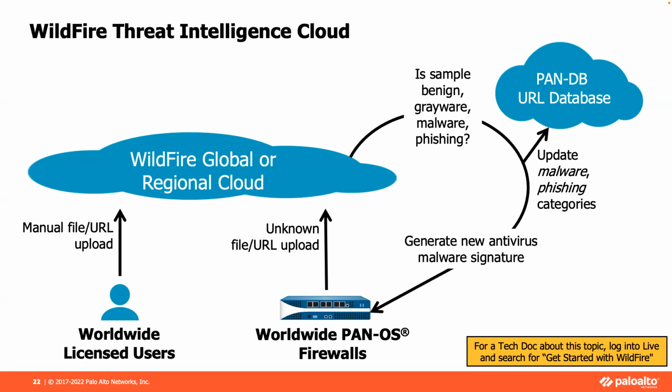And if something is an unknown quantity, we have the ability to send it to WildFire for analysis. We use both static analysis, so like artificial intelligence. We also use dynamic analysis, where we actually take these files and execute them and put them on bare metal servers and stuff like that, and see whether they're good or bad.